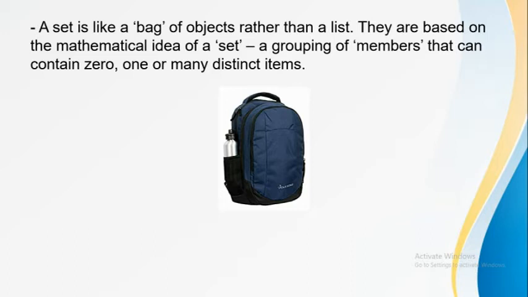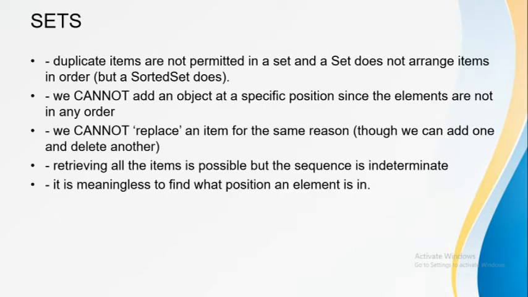So in our next slide, duplicate items are not permitted in a set, and a set does not arrange items in order, but the sorted set does. In the second bullet, we cannot add an object at a specific position since the elements are not in any order.